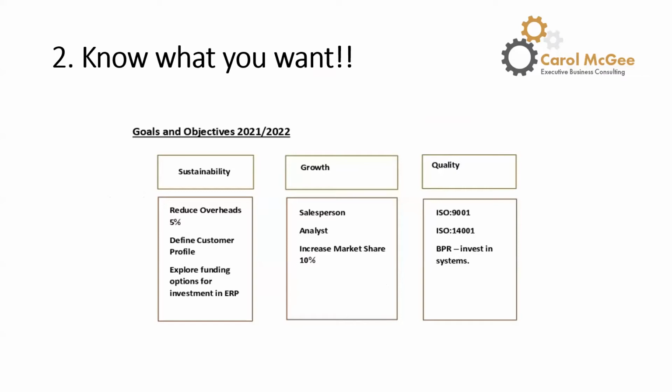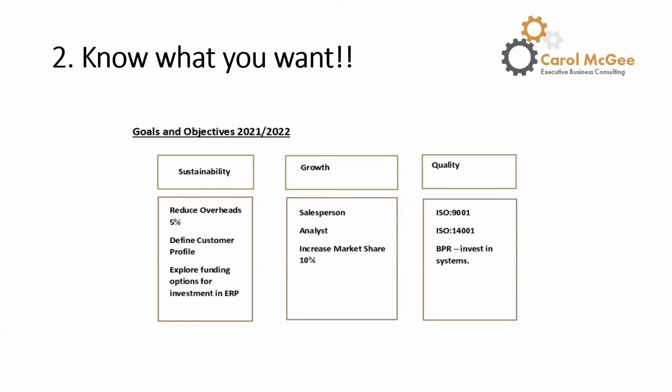But when you look at your growth objective, you want to increase market share by 10%. So perhaps you will keep your prices low to increase market share, and keep your profitability stable by reducing your overheads at the same time.